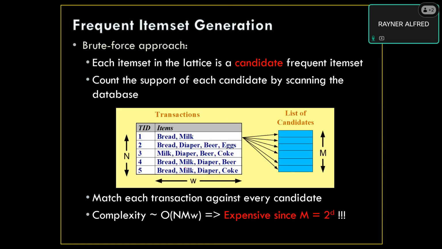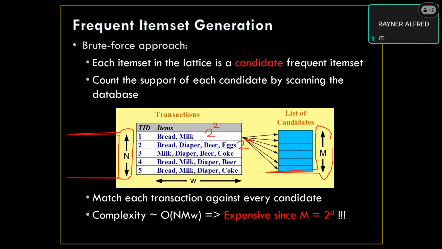Okay, so the complexity of finding the frequent item sets is very high here. For example, N refers to the number of transactions, and M is the number of candidates. So this is 2 to the power of 2, this is 2 to the power of 4, and so on.